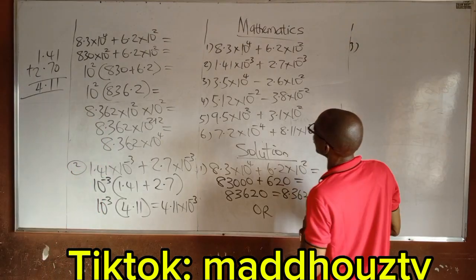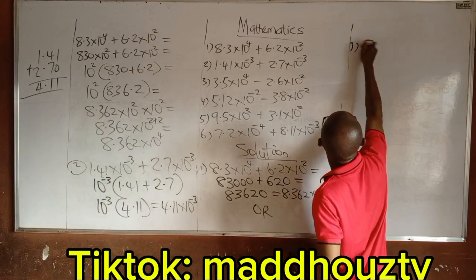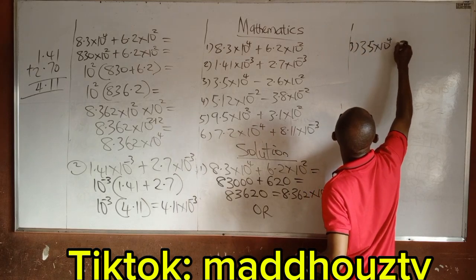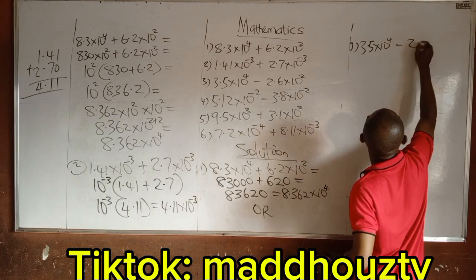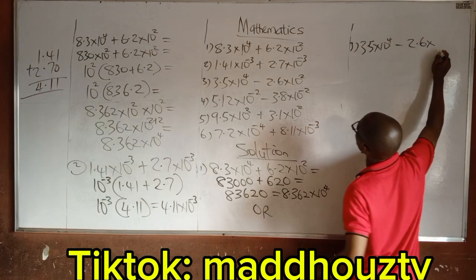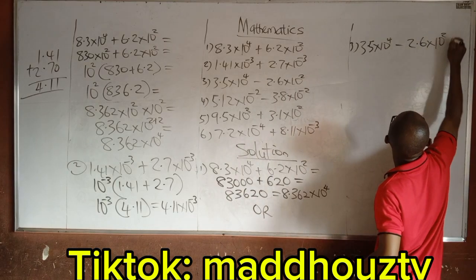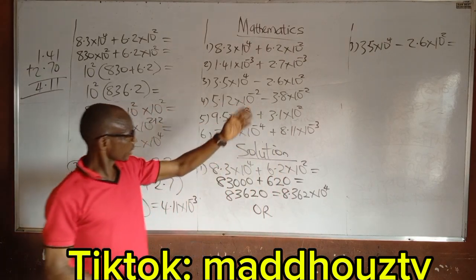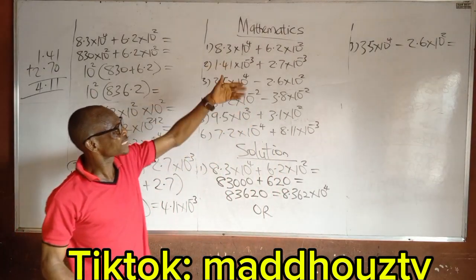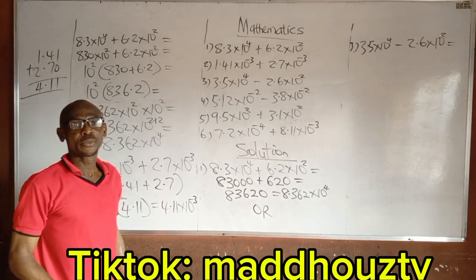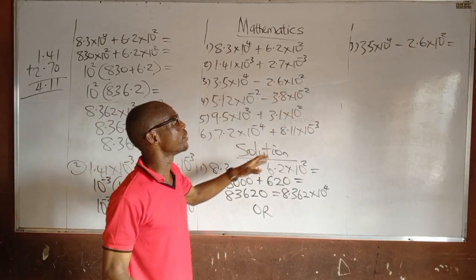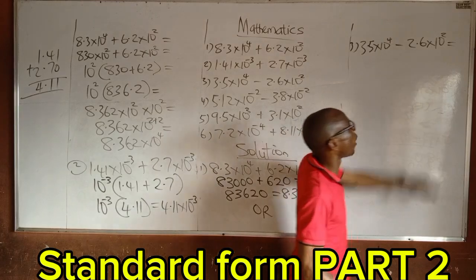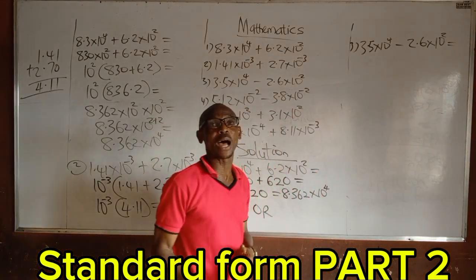Question 3. What do we have? We have 3.5 times 10 raised to the power 4 minus 2.6 times 10 raised to the power 2. In this case again, the powers are not the same. Because the powers are not the same, we can reduce this to an ordinary form first before we subtract.